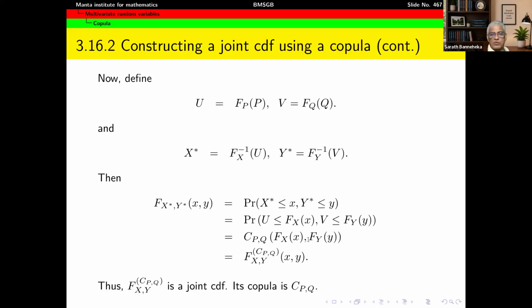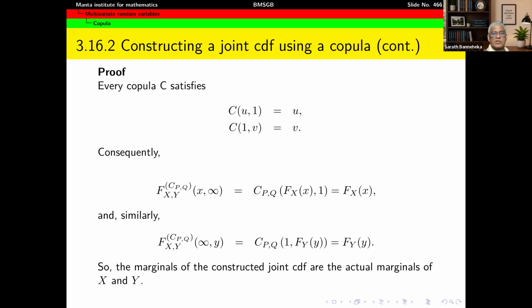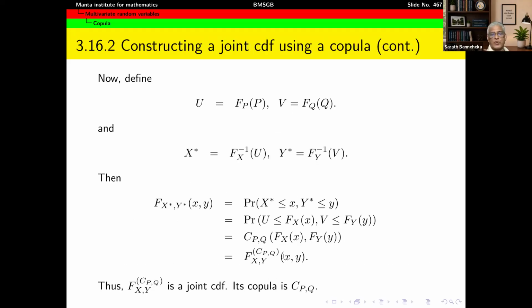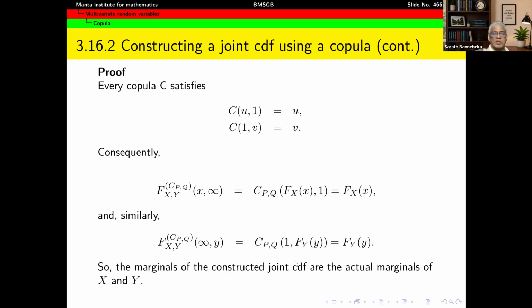But what we now see is that this one is actually what we have got here. So therefore, that is equal to that. So therefore, this expression earlier we didn't know what that was. Only thing we know is that when we put infinity for one argument, we get the marginal CDF of x, and when we put the first argument to infinity, then we get the marginal CDF of y.